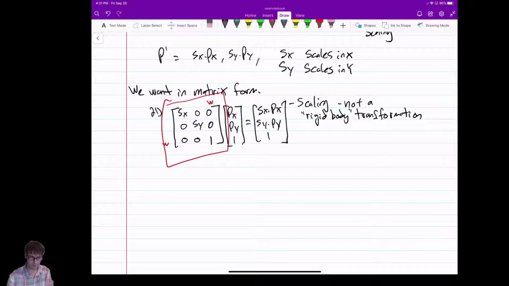And sometimes that becomes really important. If you want to stick to realistic things, sometimes being rigid body is important to know. But scaling is not, because we could not do it to a real-world object. It's not a balloon, it's a rock.